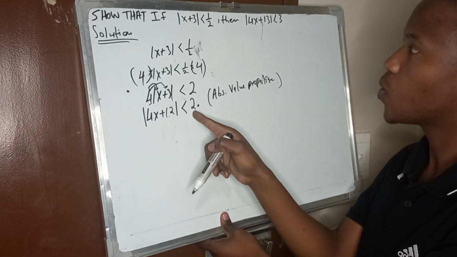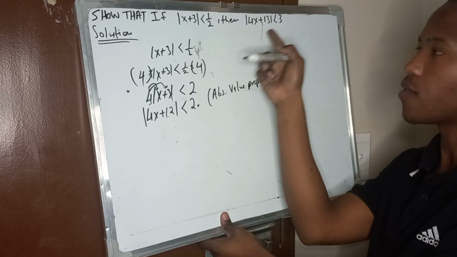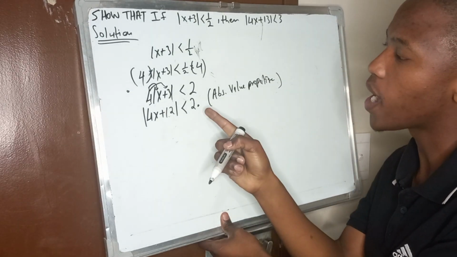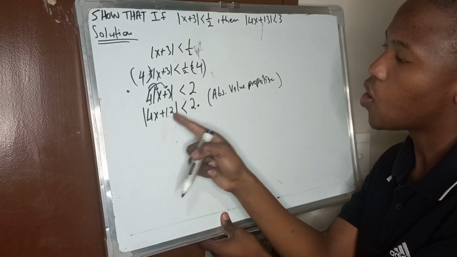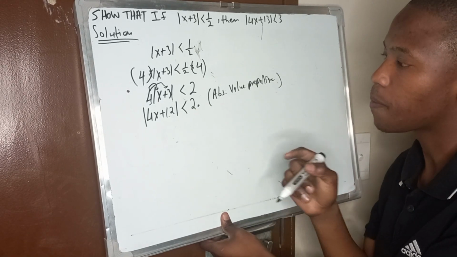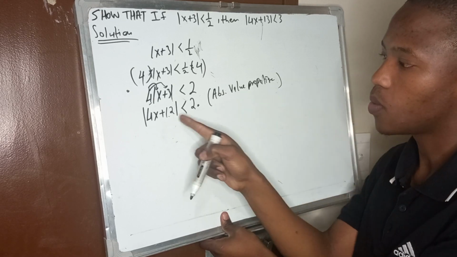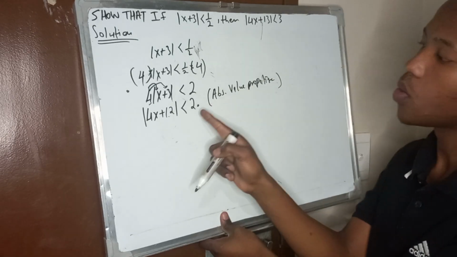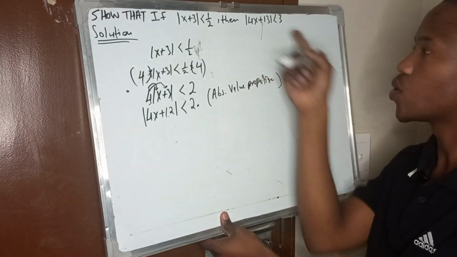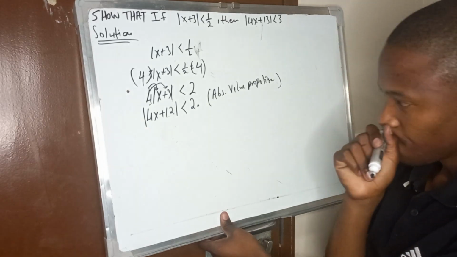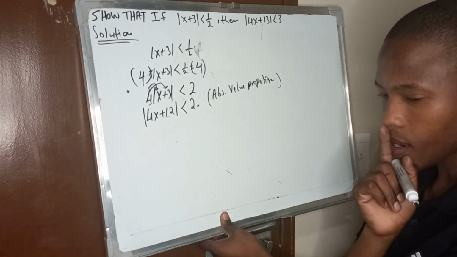Then we have 2 and 3, and again we have a common difference of 1. We need to add 1 on this 12 to get to that 13, and we need to add 1 on this 2 to get to this 3. But how are we going to do that? Okay, let's think.